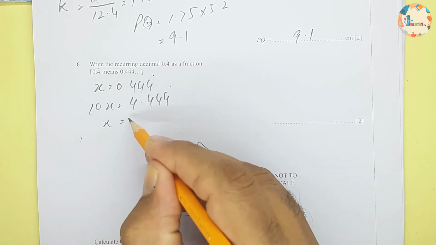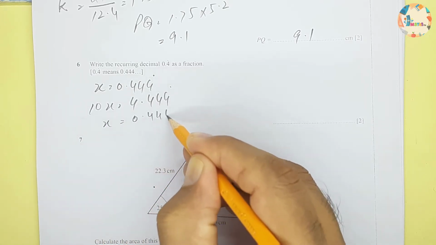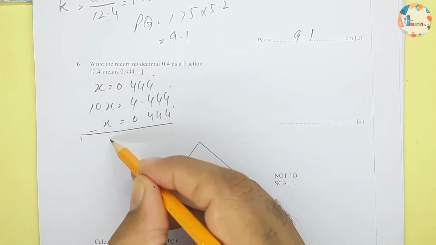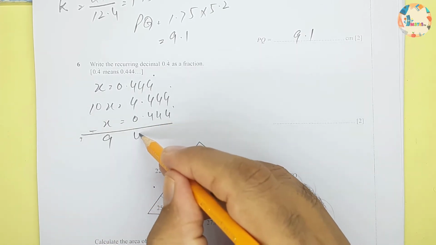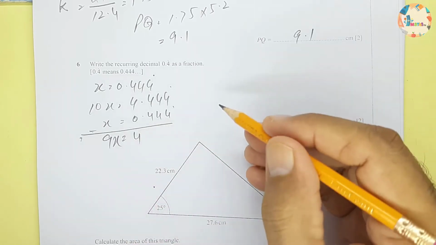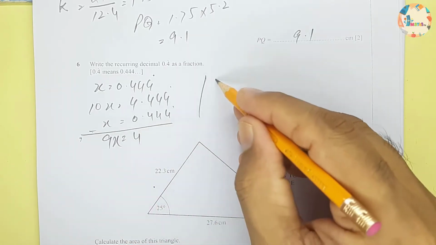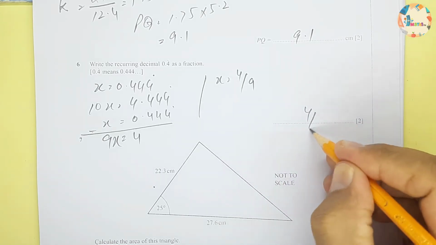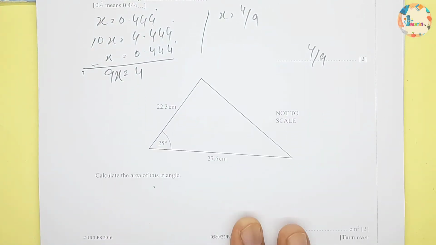So x is equal to 0.444 recurring, and we can subtract. So after subtraction, this will be 9x and this one will be 4. 9x is equal to 4, so x will be equal to 4 over 9, so our answer will be 4 over 9. Hopefully you understood this question.